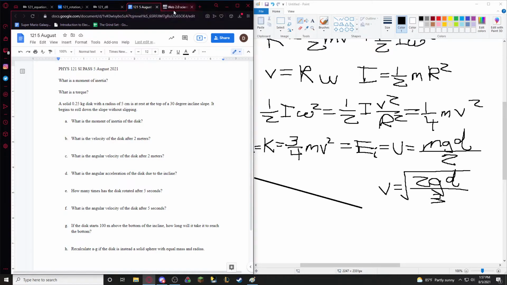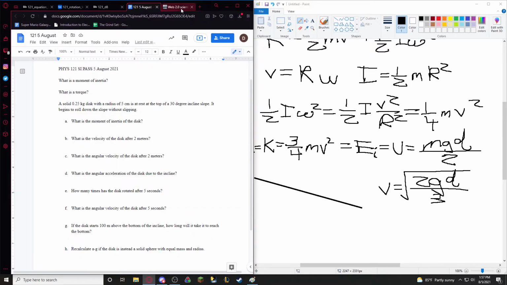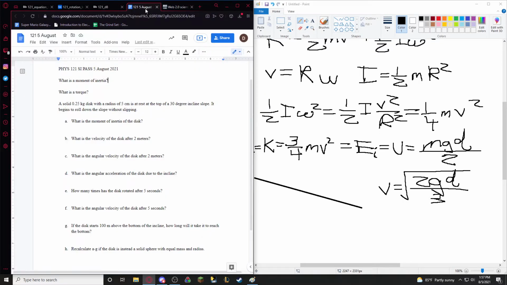Is it times the radius? Oh, my bad. Divided by the radius. So it'd be around 1/5. Right? What's the radius of our disk?